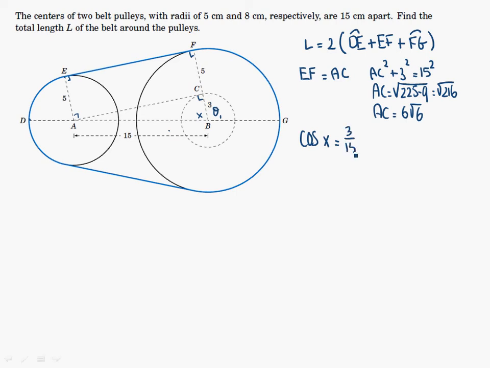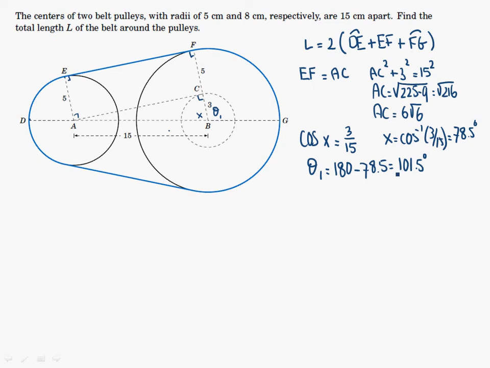If I'm in that right triangle, keeping in mind that this is the adjacent, the hypotenuse is your 15, so that angle is the inverse cosine of 3 over 15, and that comes out as 78 and a half. So that means that theta 1 is 101.5.